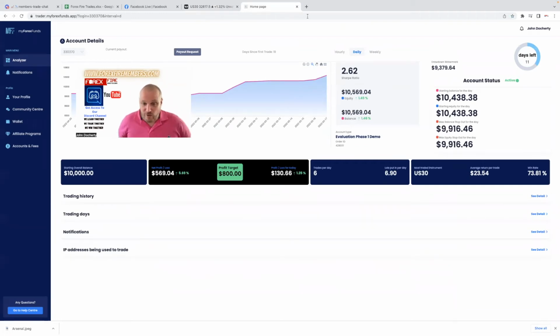Overall, about 130 profit. Took a little bit of a hit earlier on, but still, that equates to around about $230 I need now, if that. Yes, $230 around about to get to the pass.